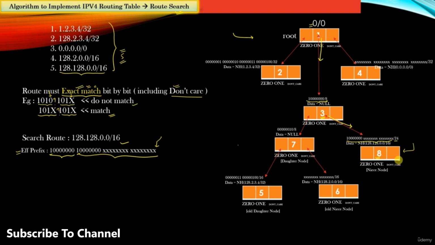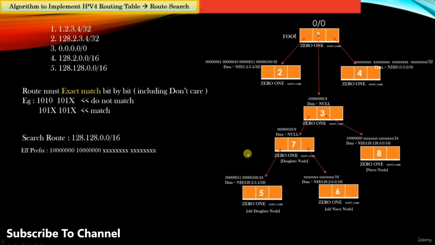So it simply means that node number 8 is a matching node and it corresponds to the route 128.128.0.0/16, which is this one. Alright, so this is how I search a route in the M-try. So I will return true, that such a route is present in the routing table.